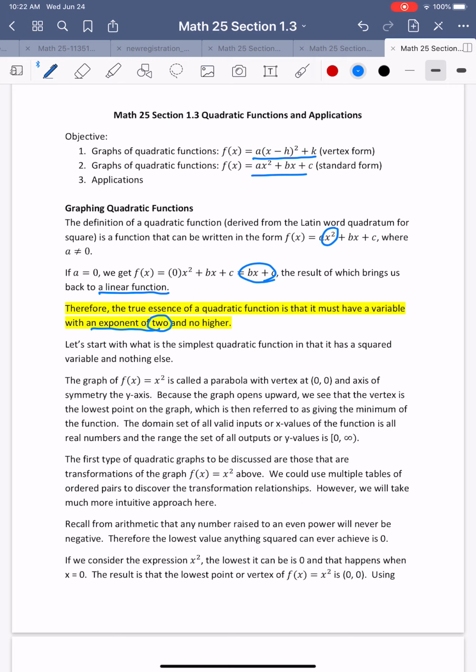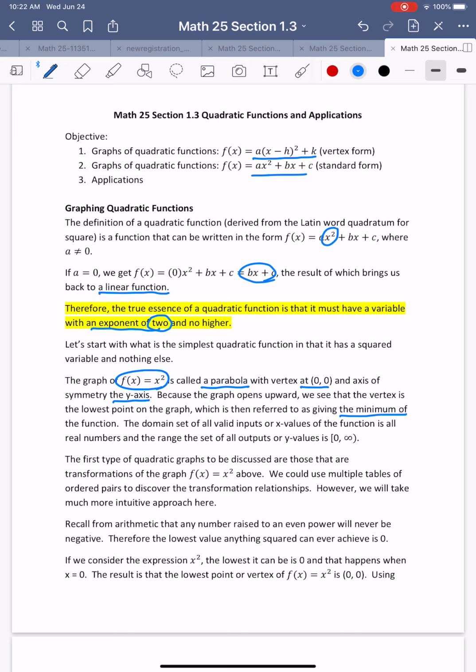The graph of f of x equals x squared, which we call the basic function, always gives us a parabola graph. It has a vertex at (0, 0), and the axis of symmetry is the y-axis. Because the graph opens upward, the vertex is the lowest point on the graph, which is referred to as the minimum of the function.